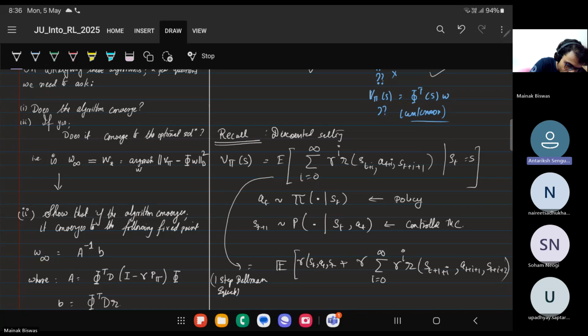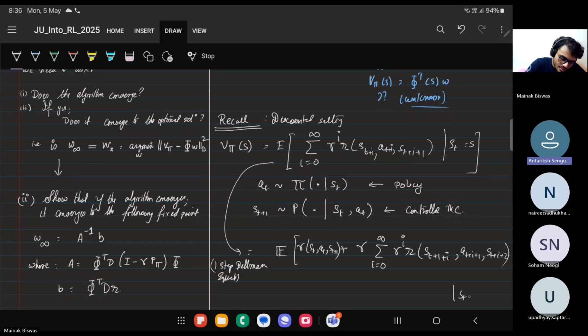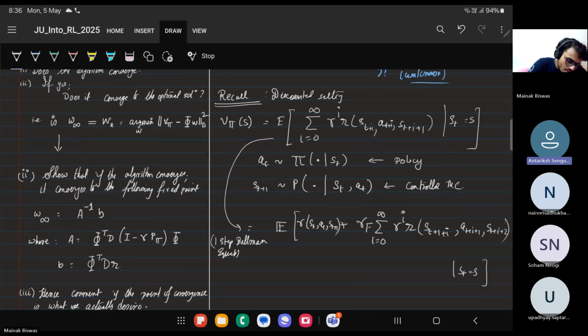And then I'll take an iterated expectation, and the summation gamma to the power i r st plus 1 plus i, I would include that into another expectation. Very good. So this is what I want you to take away from this course. Whenever you have anything that is unknown, you keep taking expectation until the time. If you have an expectation outwards, you can keep on taking iterated expectation any number of times. We have proved it also before in the class. This is S dash. Okay, fine.